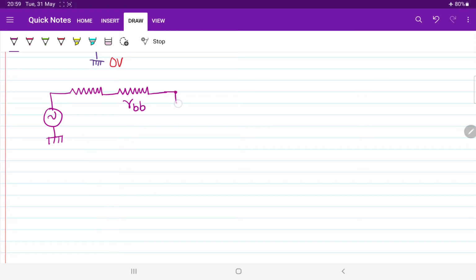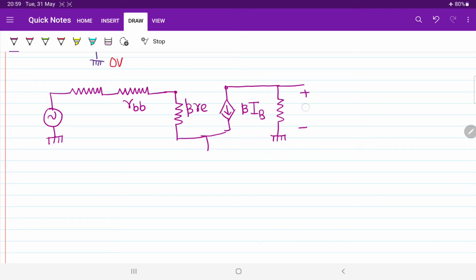After that, replace the transistor by its equivalent circuit. This is the base terminal. In the base terminal we have beta re. Then this is the emitter terminal. Then this is going to be your collector terminal. In the collector we have a current beta times IB, and the collector is connected to the collector resistor RC. Across that resistor we are going to measure the output voltage V0.